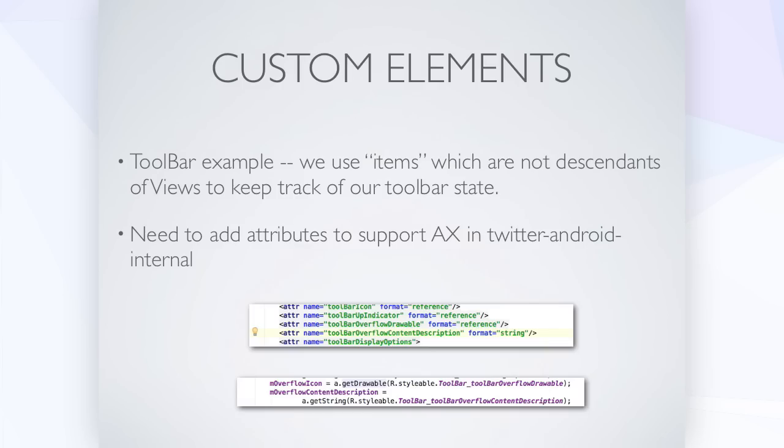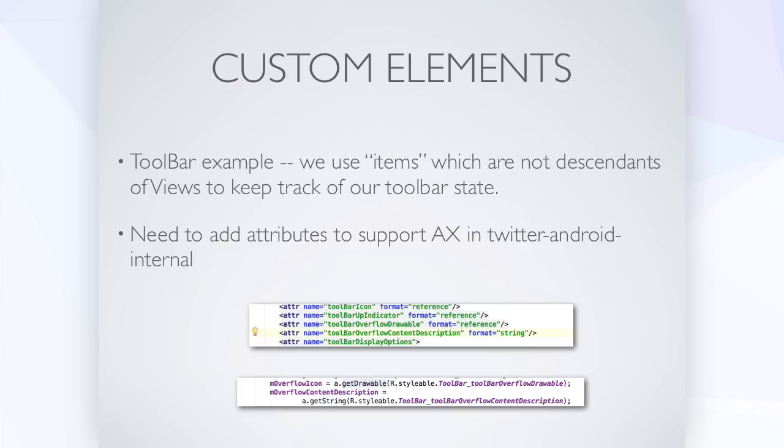We have custom elements too. Something that does happen in a bigger app is that we actually build things that are completely custom. Our own little widgets, all kinds of things. Those things obviously don't come with content description built in, so we have to add it. You can see here with our toolbar, we have an overflow button that we've custom built.